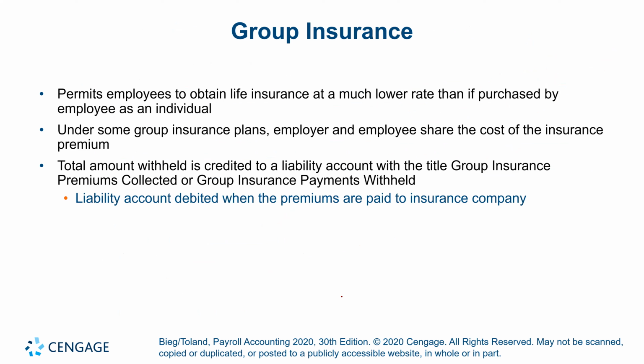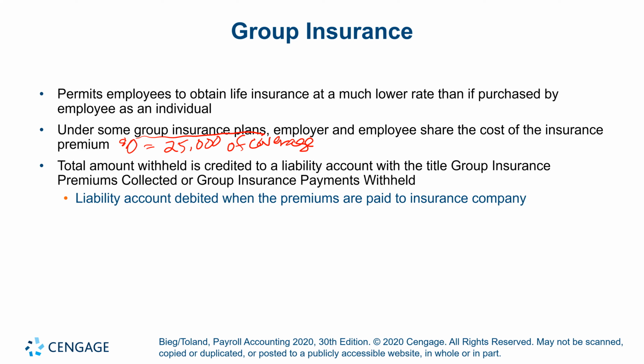I know at the company I used to work for, they had a group insurance plan, and basically for $0, we got 25,000 of coverage. And that's what the employer paid, right? Because we didn't pay anything for it. We automatically got 25,000 of coverage.